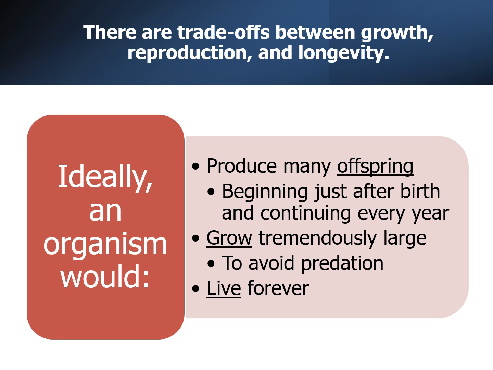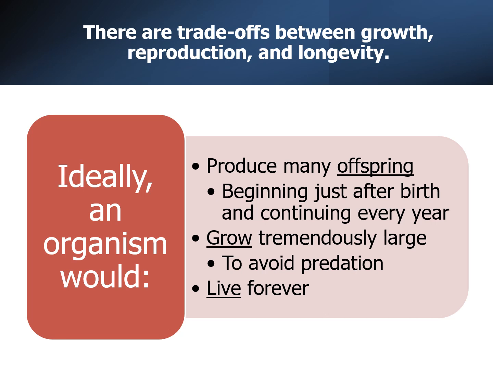It would grow tremendously large so that it couldn't be eaten by another animal. It could not be prey to a predator, and it would live forever. And the sky would rain gumdrops, and the water would be soda pop, and there would never be anyone hungry, and everyone would feel loved, and everything would just be rainbows and butterflies. But that's not how things work, because that's not the world we live in, and there's reasons why. It's because of these trade-offs.